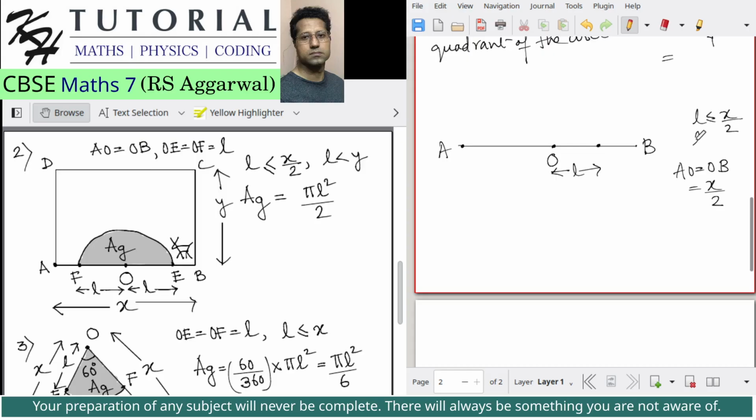Also, L has to be less than or equal to y. Then what will be the maximum area over which the animal can graze?